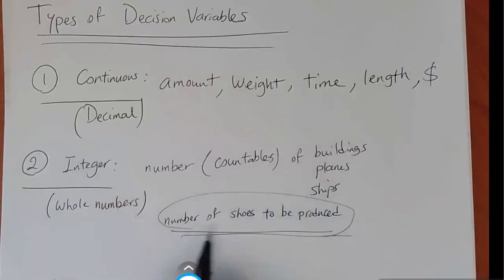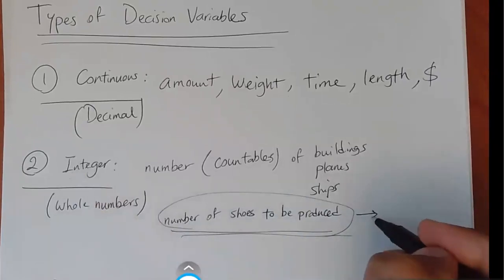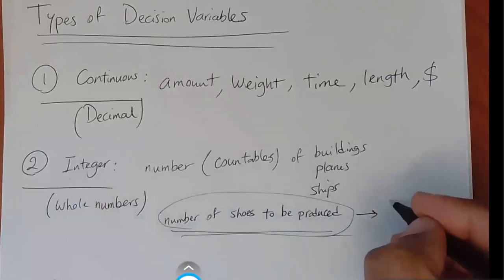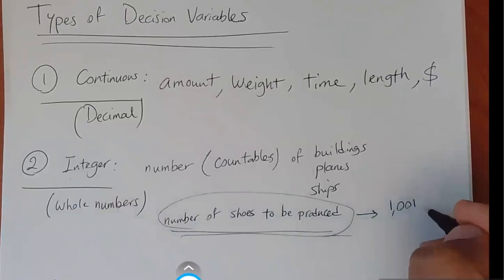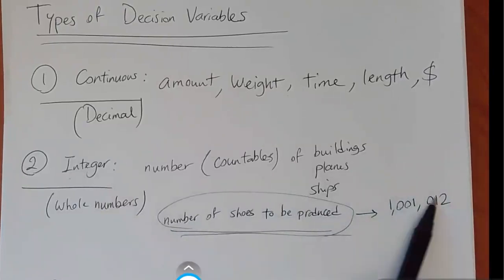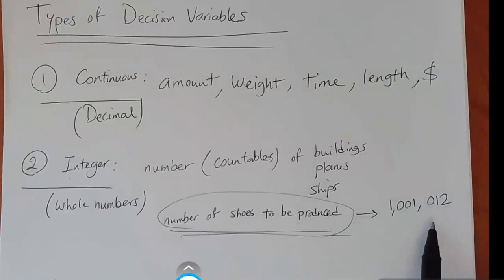But if the optimal value is supposed to be, let's say, 1,000,012, it really doesn't matter if you get maybe 1 or 2 below or above this, right?